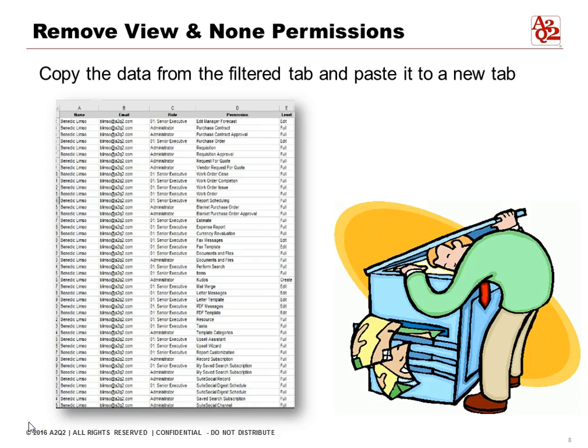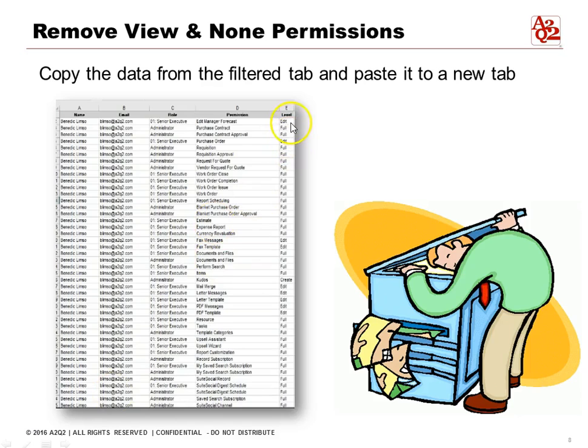So here, as I mentioned, we're going to copy a new tab, and we're going to call this tab List of SOD Analysis. This is where we copy our filtered tab, and in this case we remove view and none because they don't have the impact to change our financial statements if they don't have access to it or if they can only view it.